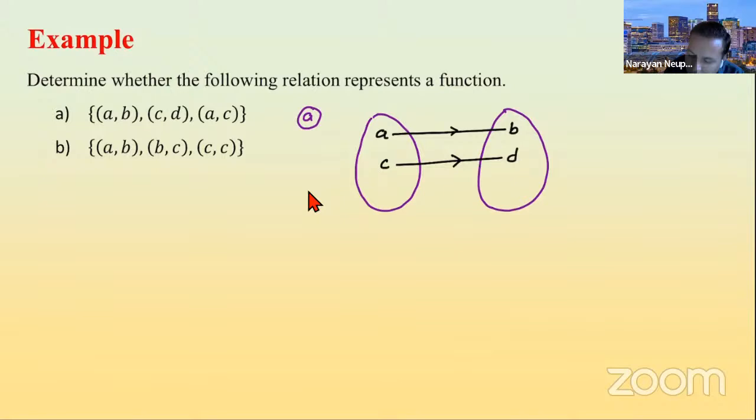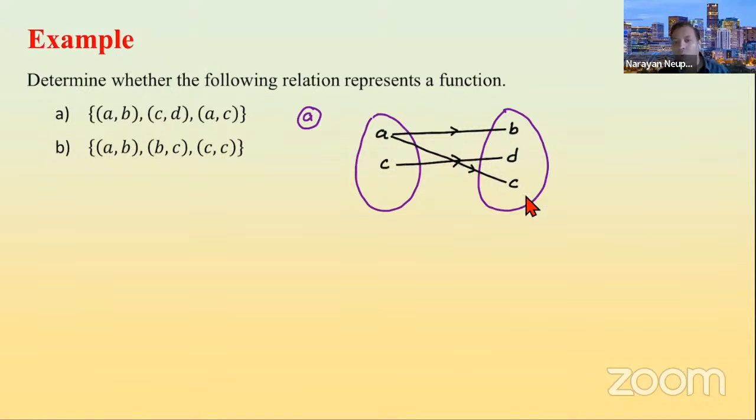Now next we have A mapped to C. A is also mapped to the other value C. You can clearly see here, C has only one output. C is mapped to D. But if you look at A, the input value A has two outputs. It is mapped to B and also to C.